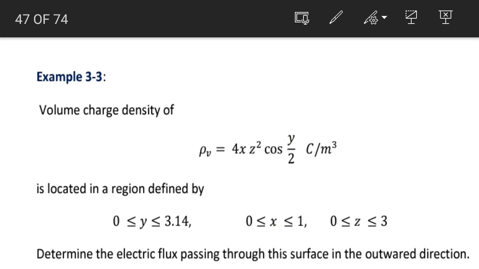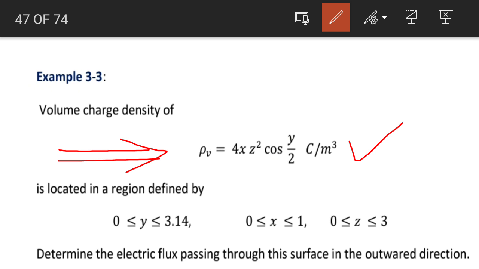We do example number 3. In example number 3, the volume charge density of 4 x z square cos y by 2 coulomb per cubic meter is located in a region defined by y changing from 0 to 3.14, x changing from 0 to 1, while z is changing from 0 to 3.